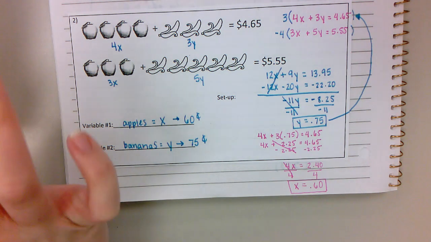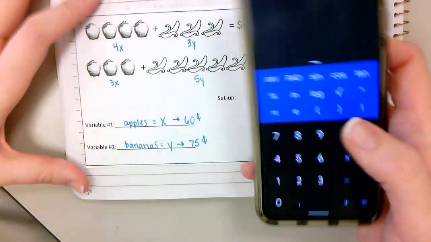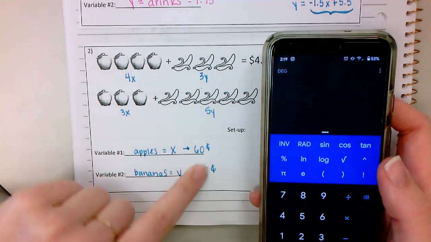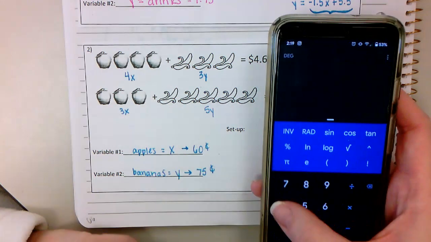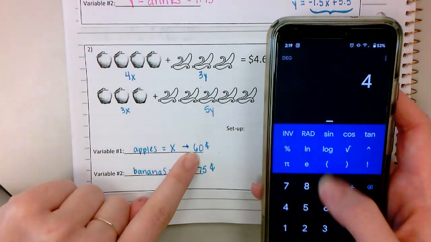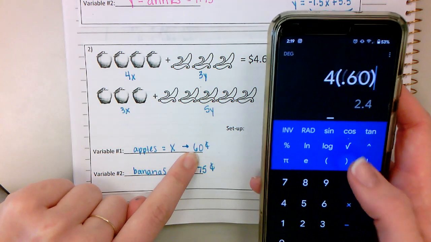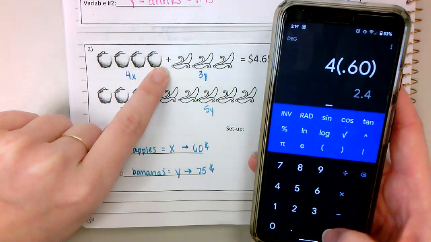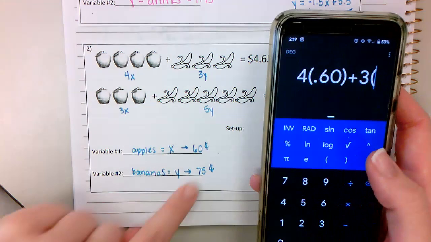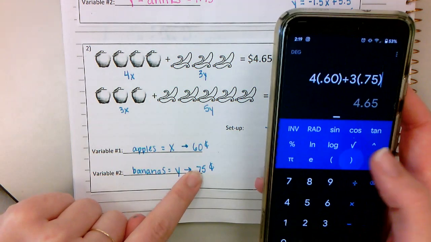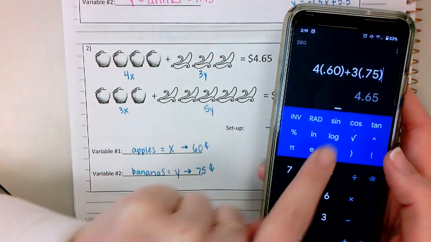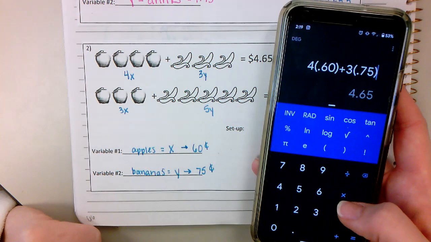And if you want to double check your work, which is never, ever a bad idea, let's take a look. Let's plug these values into the equation and see if it works. 4 times x, which we found out was 60 cents, plus 3 times y, which we found out was 75 cents, equals 465, which is correct.